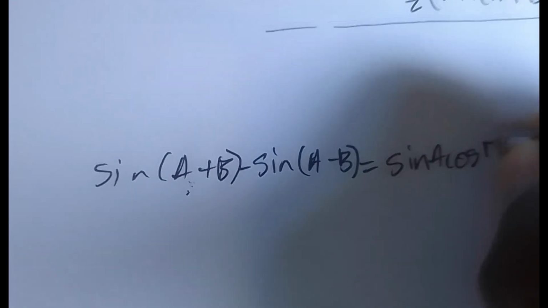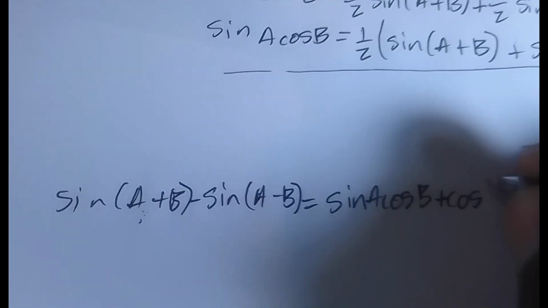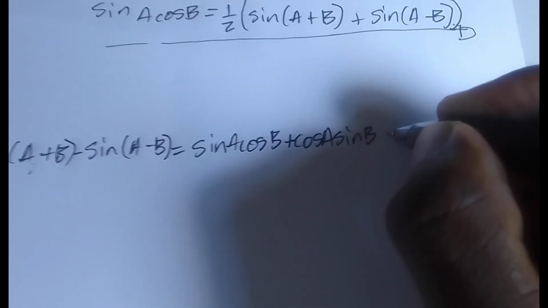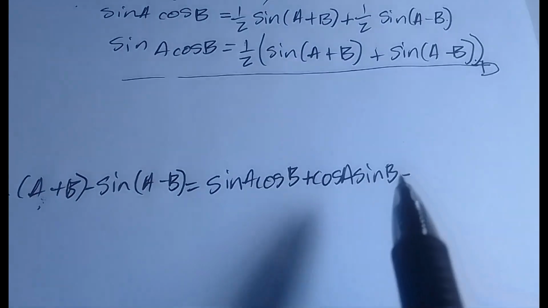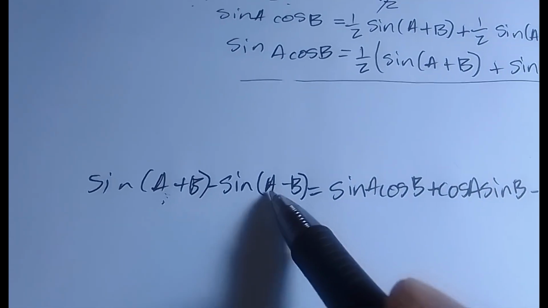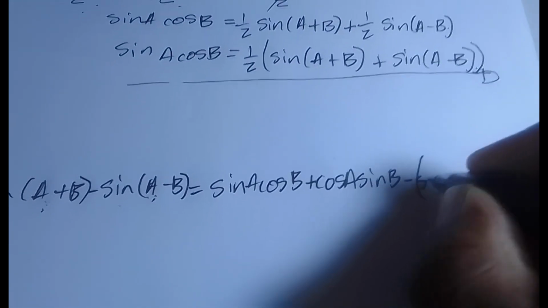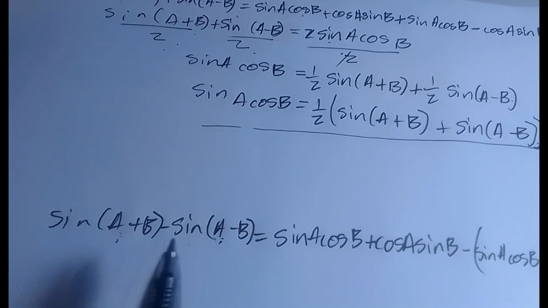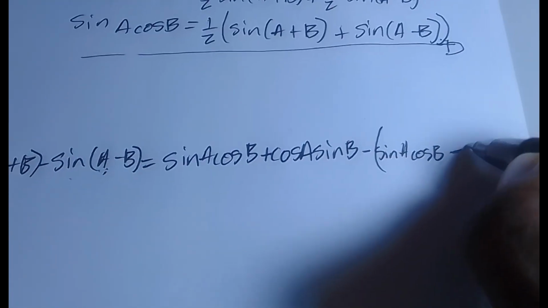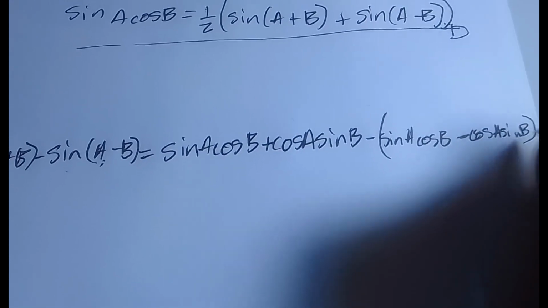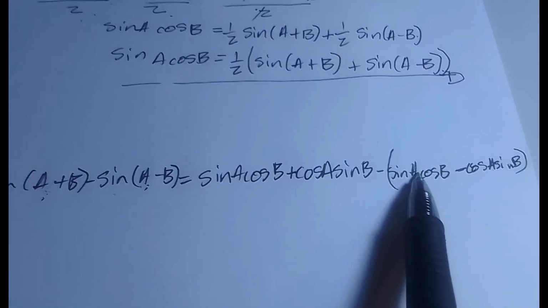It's going to be sine A cos B plus cos A sine B minus, and the minus is going to have a bracket opened where everything is going to fall into. Now we're putting this inside. This is sine A cos B minus, since it has a minus and it's sine, you don't change the sign, cos A sine B.